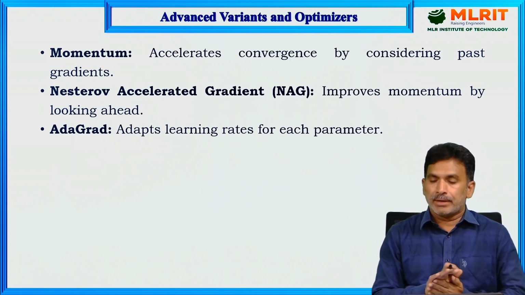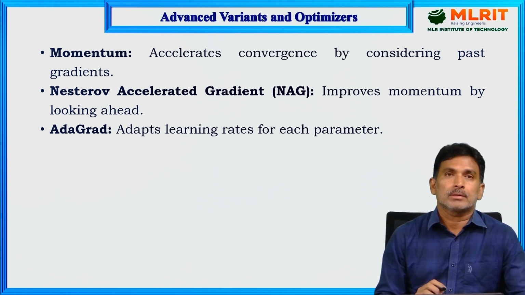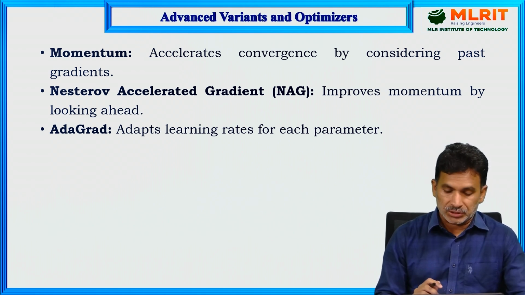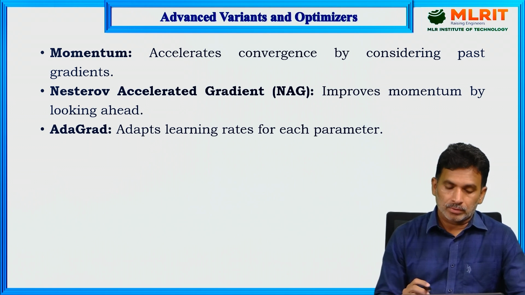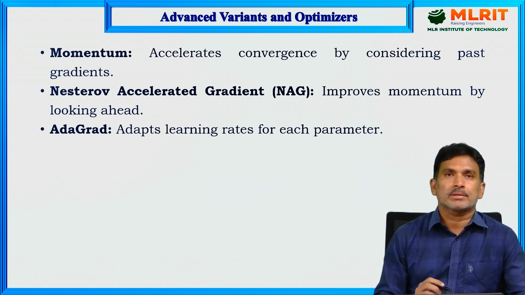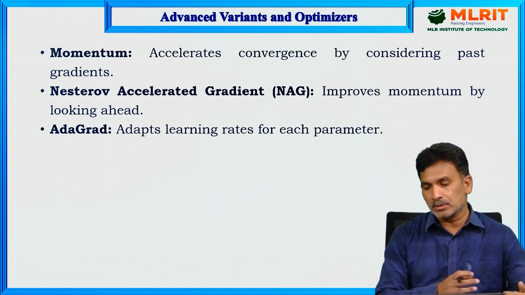Next, advanced variants and optimizers we have to understand: momentum, Nesterov accelerated gradient, AdaGrad, and so on. Momentum accelerates convergence by considering the past gradients; every next step is evaluated based on the previous gradients.